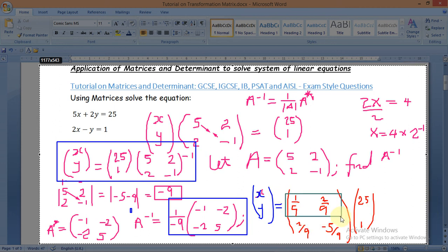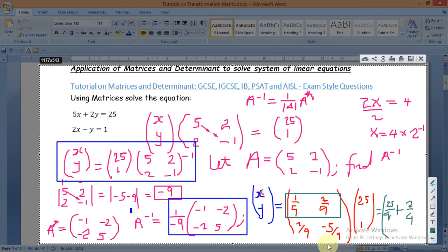So use this one to multiply this down here. I'm going to write the answer here. So 1 over 9 times 25 over 9, that will be 25 over 9, plus 2 over 9 times 1, so plus 2 over 9.